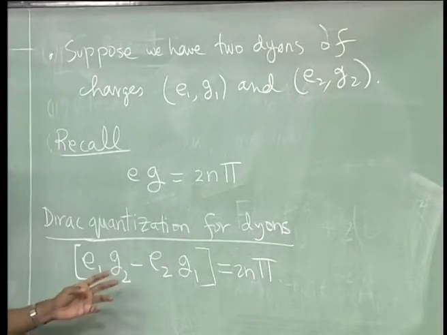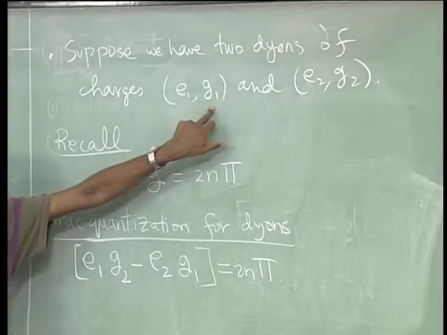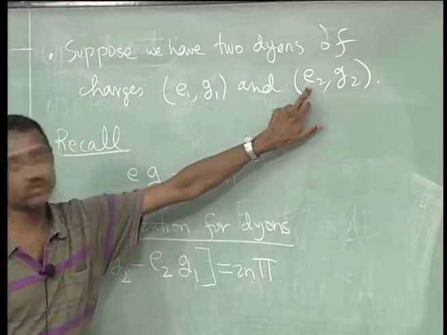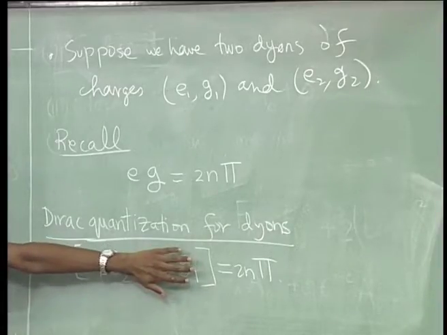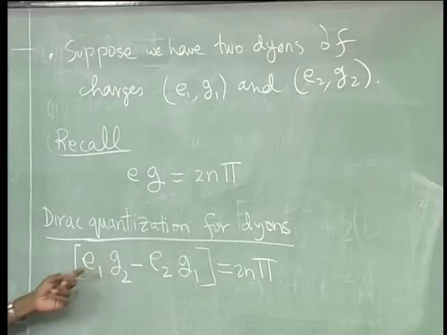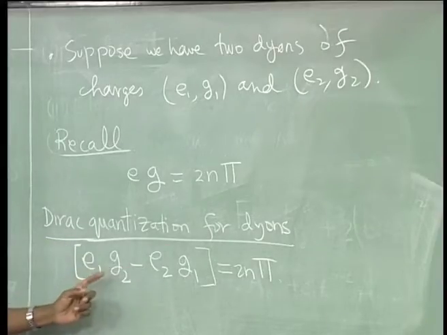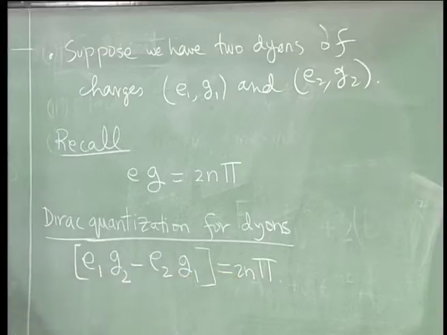Let us take a case where G1 is 0 and E2 is 0, then this just becomes E1 G2 is equal to 2n pi, this term drops out. But if you go the other way around, again this works out, but there is a minus sign, but all that matters is really that it is an integer. So again it goes through, but more general would be when you have objects which are both dyonic. Okay. So this is a formula, I will not derive this at all.